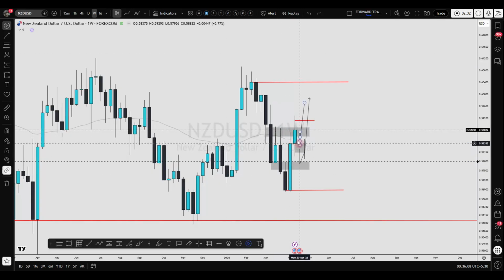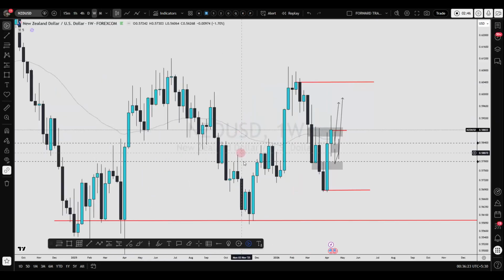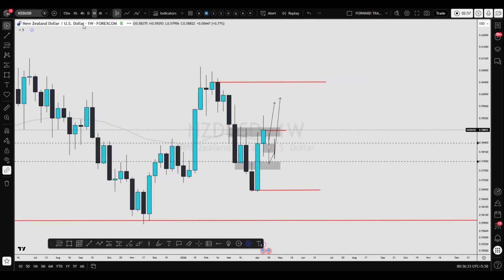So this is the last range that we are currently stuck in, from this low to this current high. I'm also marking this high, because this is the last bearish drop towards downside. If I consider the bearish break of structure, then this is the last bearish range that I can spot.